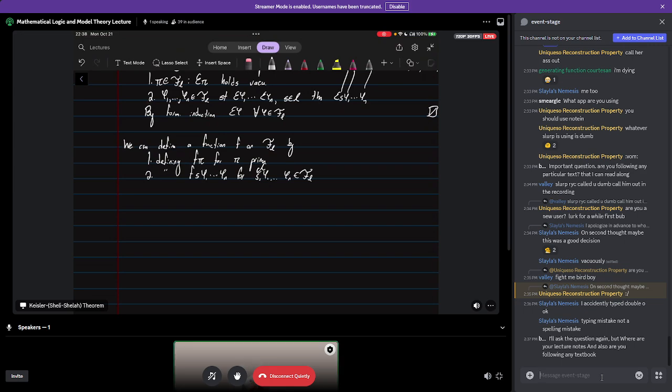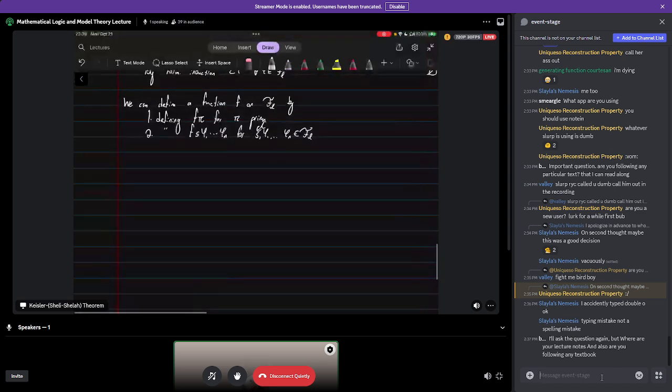For example, let's say I wanted to define the subformulas of phi, so that psi is a subformula of phi.